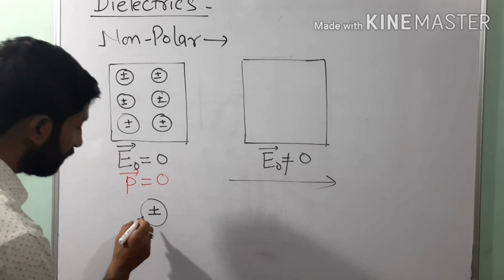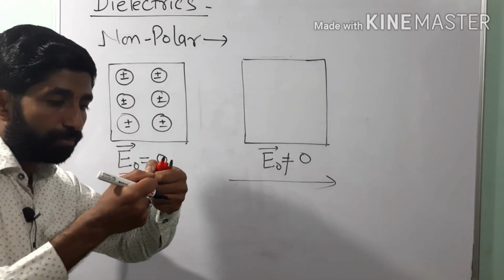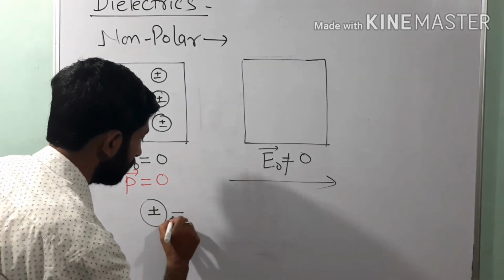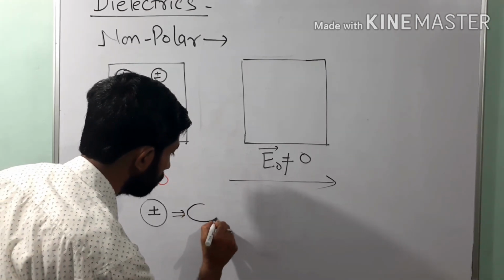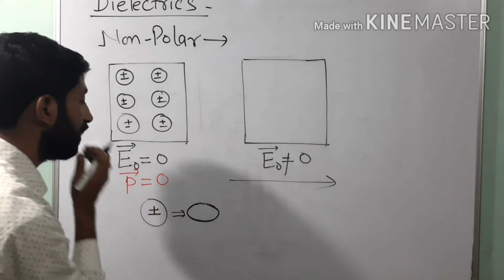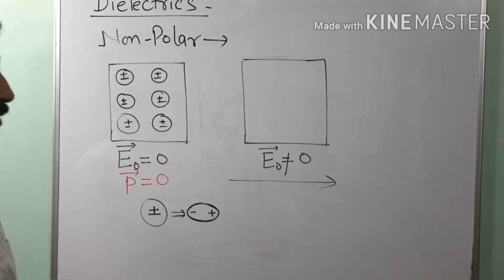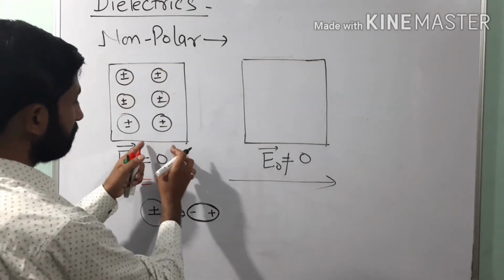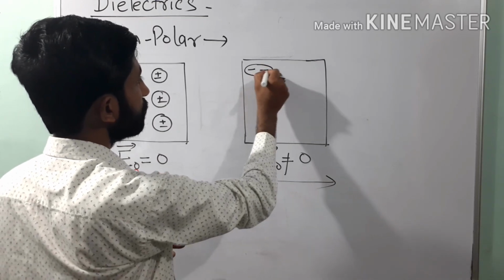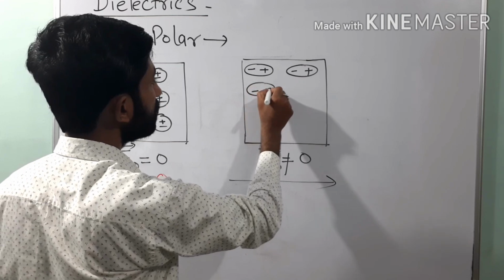Now the electric field will try to pull the molecule away from its own situation, resulting in a new shape like this. It becomes paraboloid, and this is the next structure. So all these molecules in this piece will become like this. Okay, very simple.